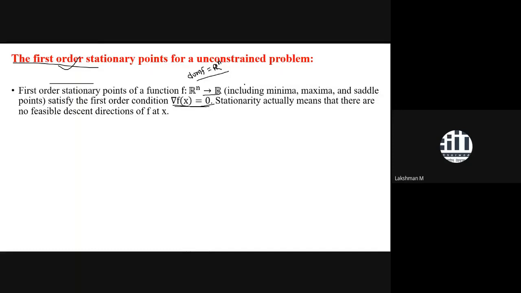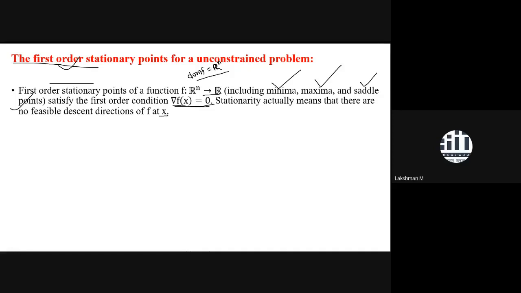Now, once we have a first order stationary point, we can't say whether that point is a local minimum, a local maximum, or a saddle point. Also, if you talk about a stationary point in terms of direction, you can say that a stationary point means there is no feasible descent direction at the stationary point x.